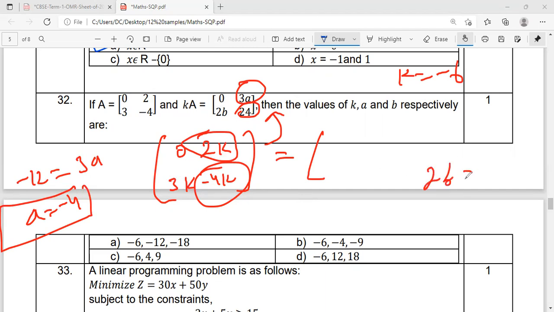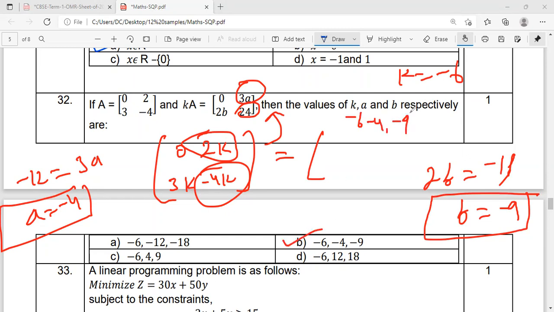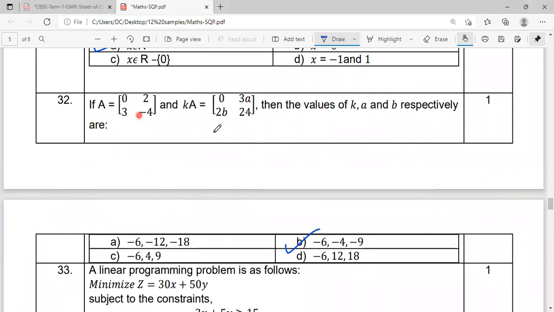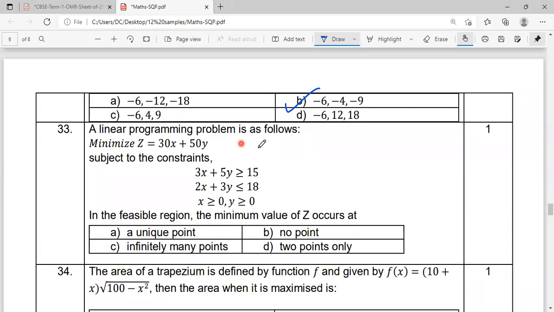That means 2b is equal to -18. So b is equal to -9. So -6, -4, -9. This is the option. Isn't it? So this is very easy. Simply comparing two matrices, where the corresponding elements should be equal, getting some simple equations and solving them.